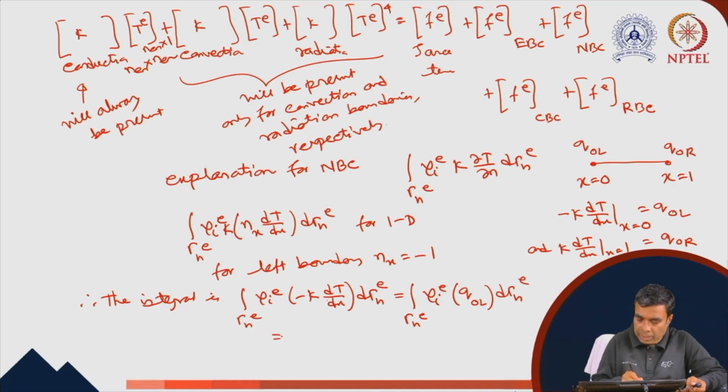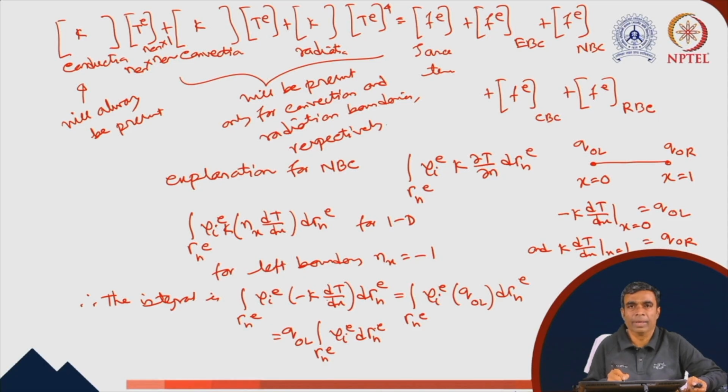Now, q_0L is a constant quantity, it will come out. So, q_0L integration over Γ_h^e ψ_i^e dΓ_h^e. Now, if you physically see the problem, whatever the heat flux has been assigned at the left boundary, this heat flux has been occupied entirely at the left boundary.